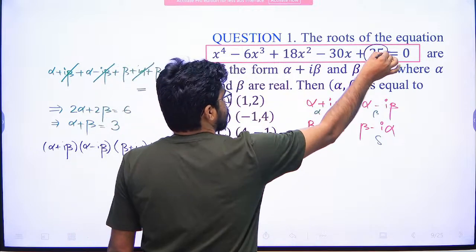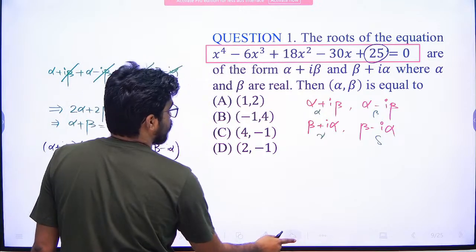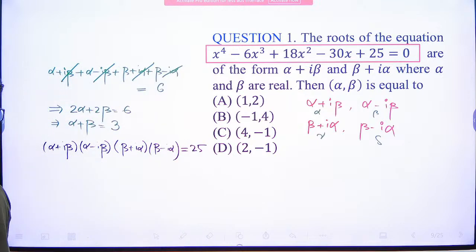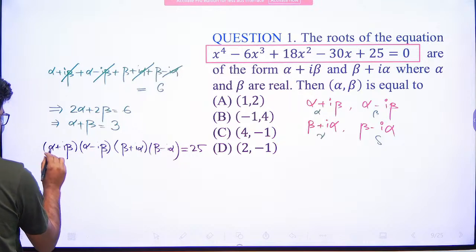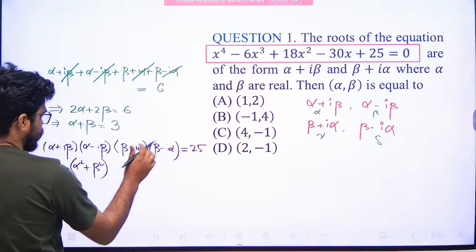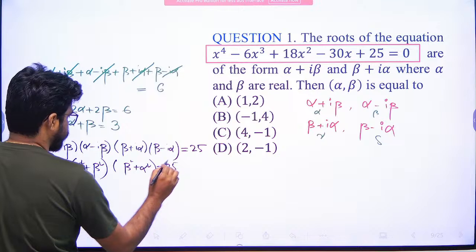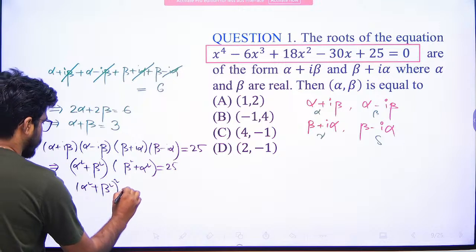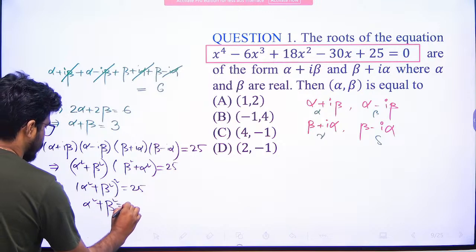Here the constant term is 25 and the coefficient of x to the power 4 is 1, so it is 25. If we multiply this, we get alpha square plus beta square, the whole squared, equal to 25. That means alpha square plus beta square is equal to 5.